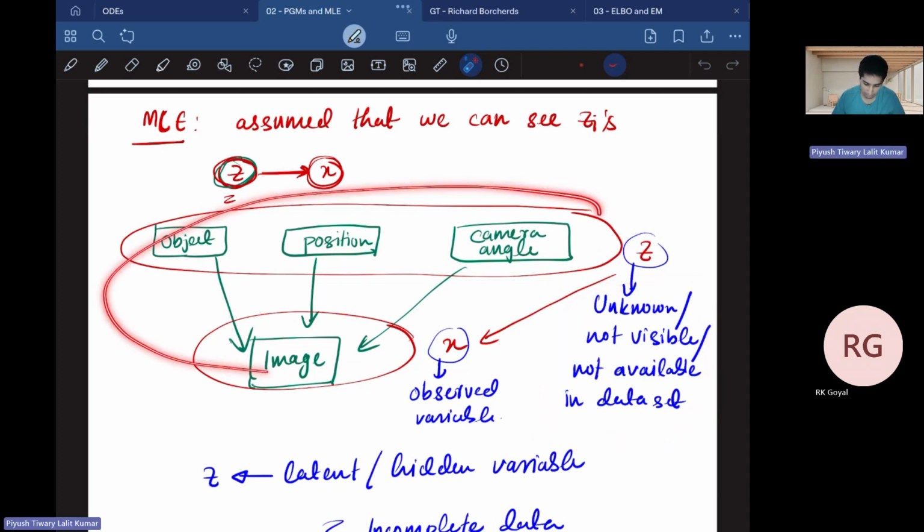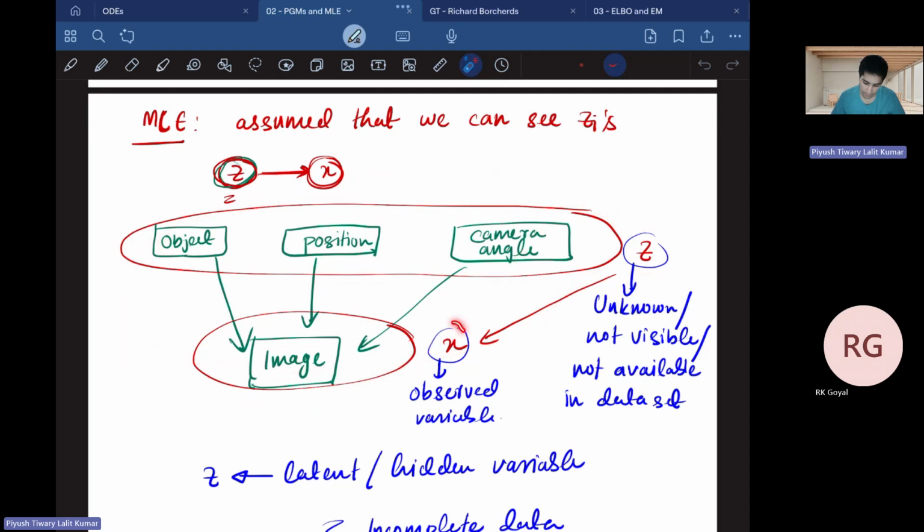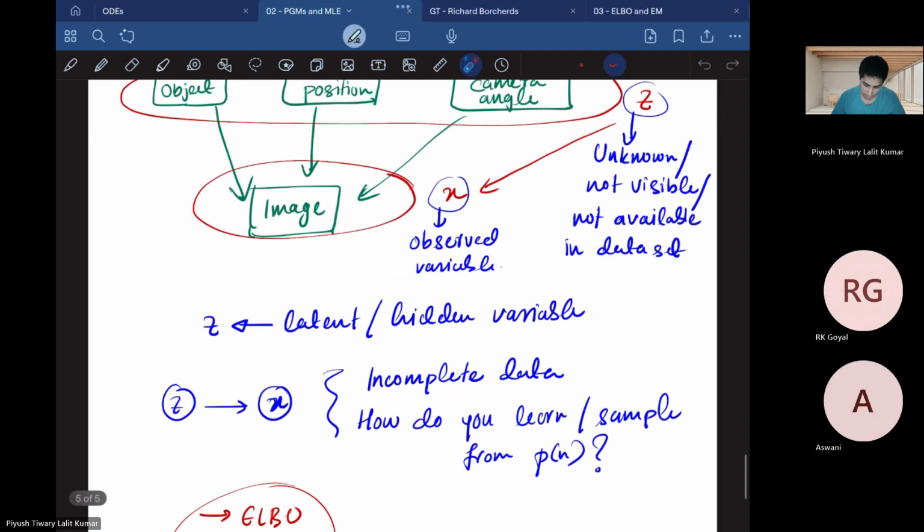Always think about this example when you think about latent variables. This is quite intuitive in my opinion. And X is what is called the observed variable, the variable that you actually observe in your data set. So in your data set, you are going to observe the images directly. You're not going to observe these factors, right?